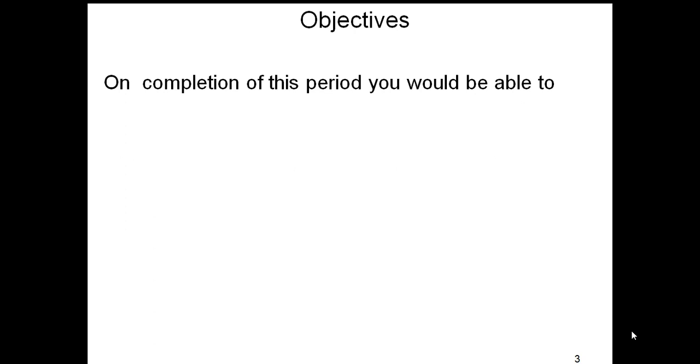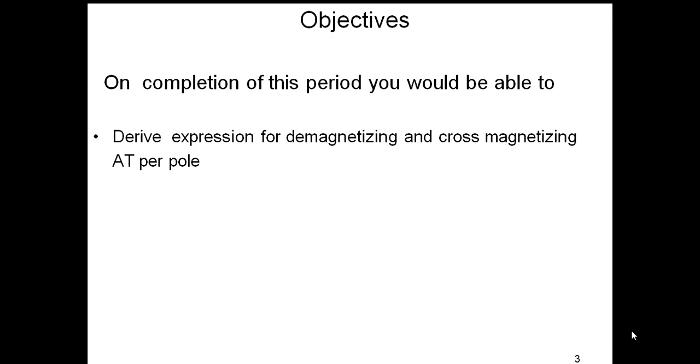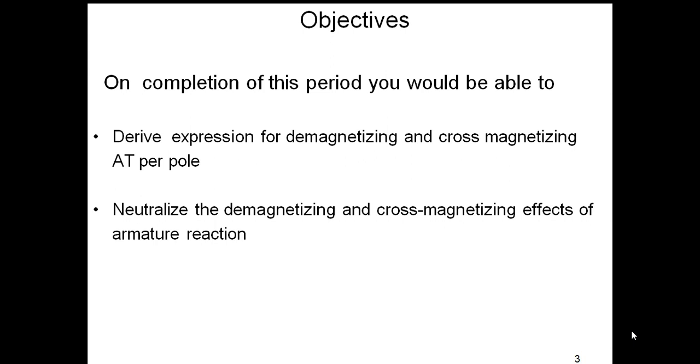In this presentation, we'll be learning about the derivation for demagnetization and cross magnetization ampere turns per pole, and we'll also be learning about how to neutralize these demagnetization and cross magnetizing effects of armature reaction.